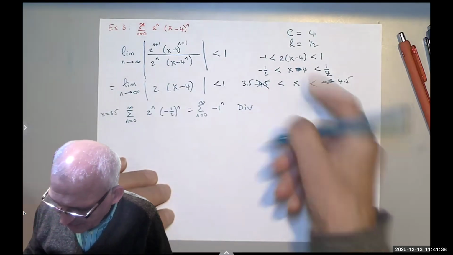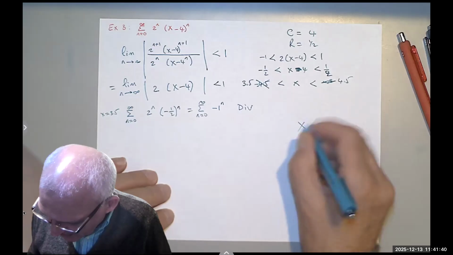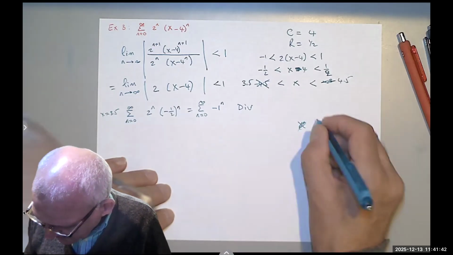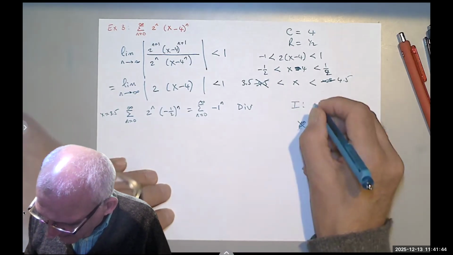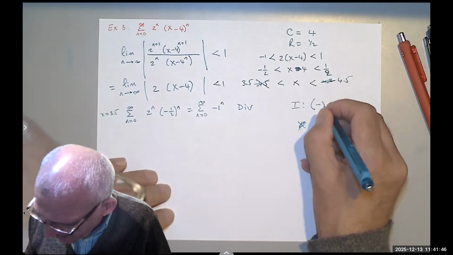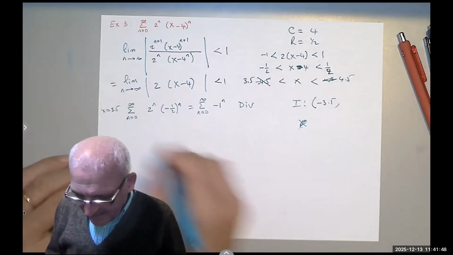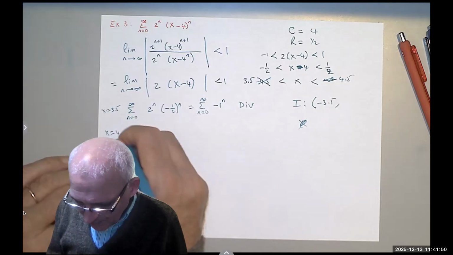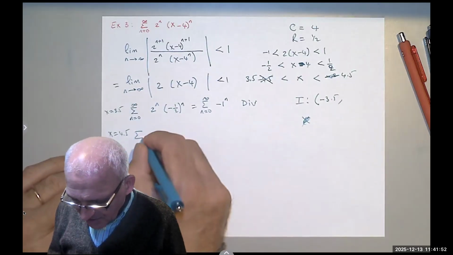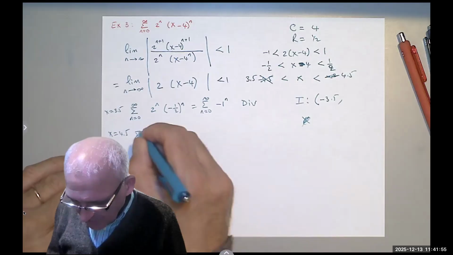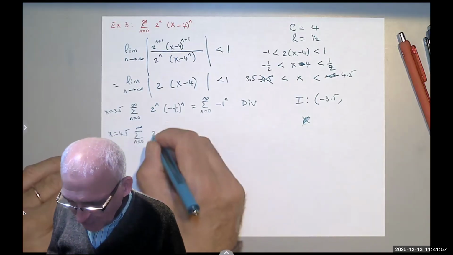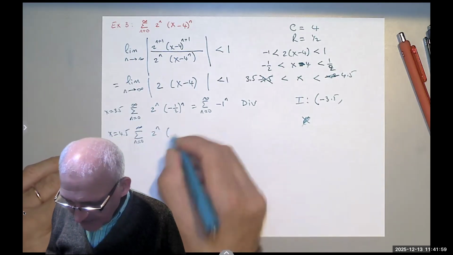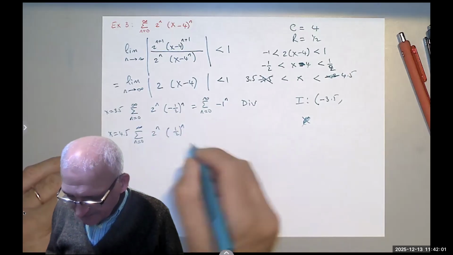So I'm going to rewrite it because it was really the interval here. And then I take x equals 4.5, it's the summation, going from 0 to infinity, of 2 to the n times (1/2) to the n.